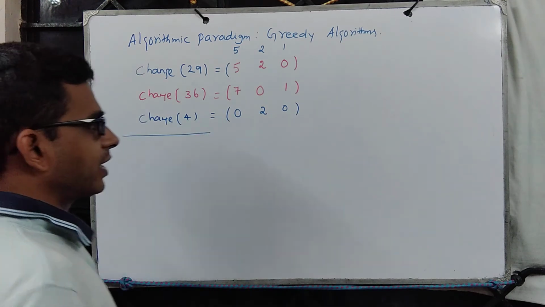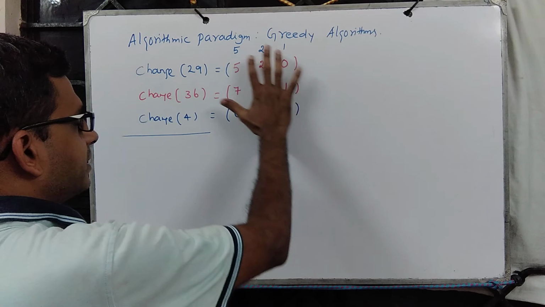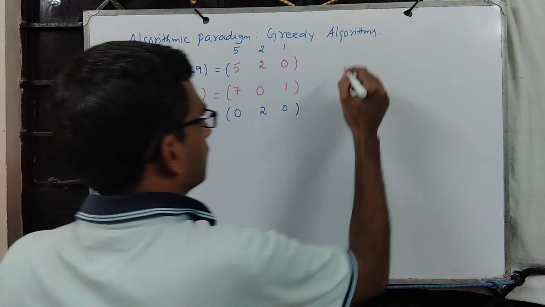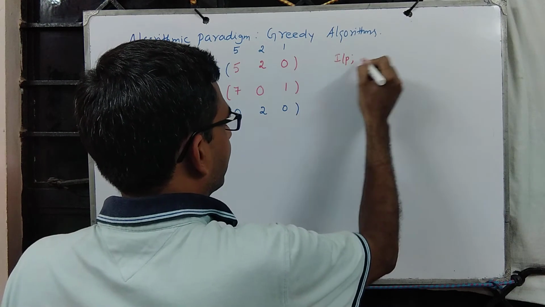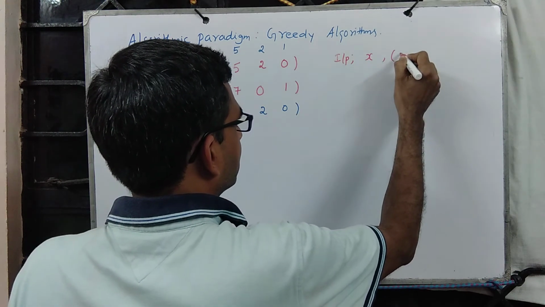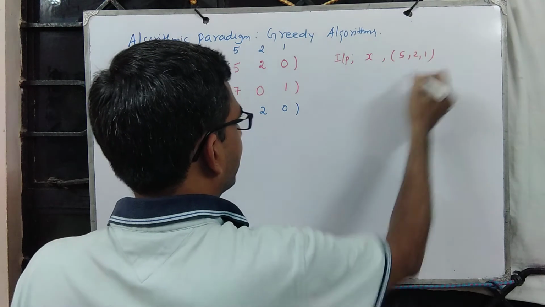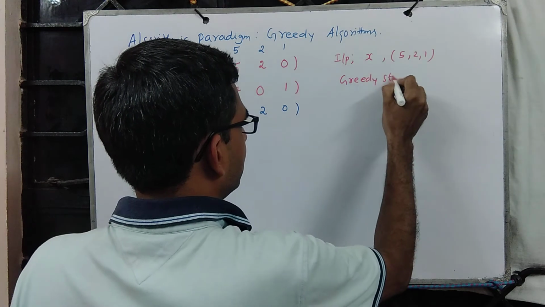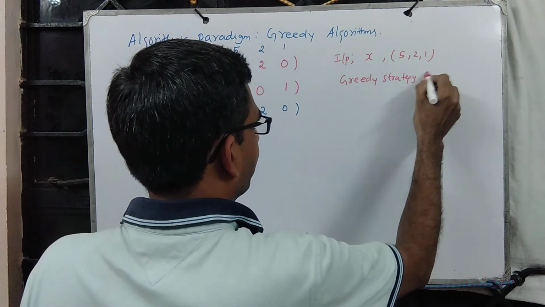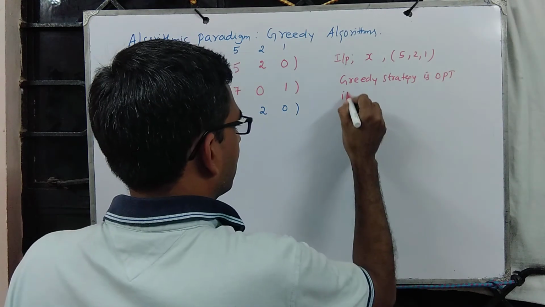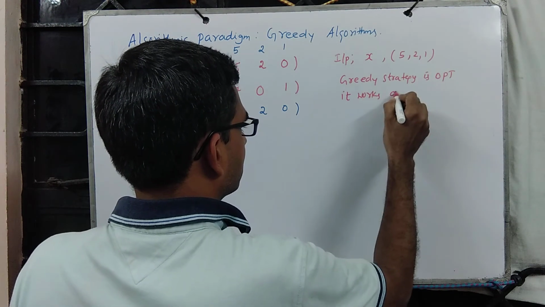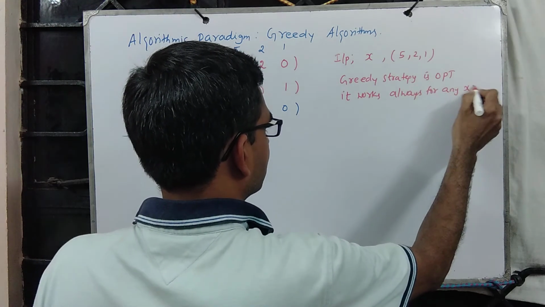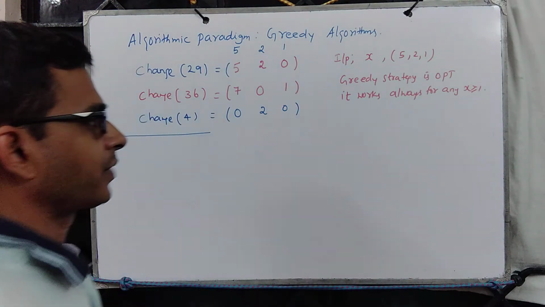This works: if the denominations are 5, 2, 1, the greedy strategy is optimal. So the input is x and the denominations are 5, 2, 1, then the greedy strategy is optimal, which means it works always for any x greater than or equal to 1.